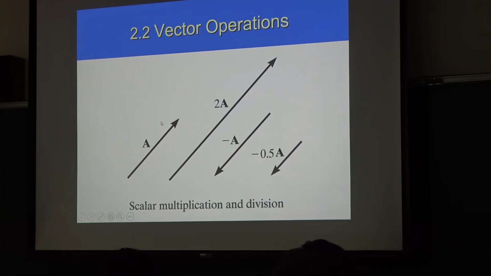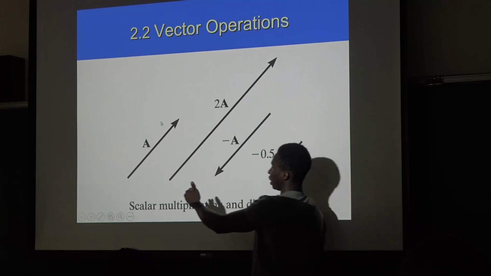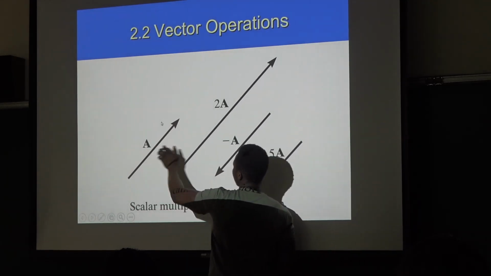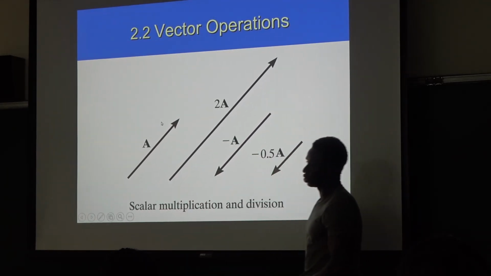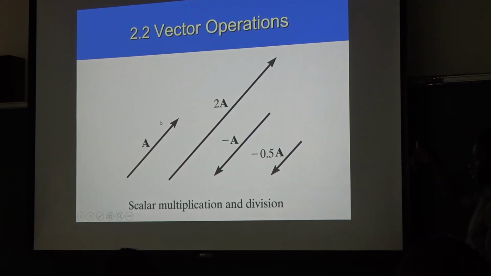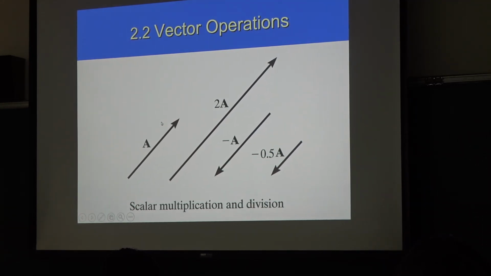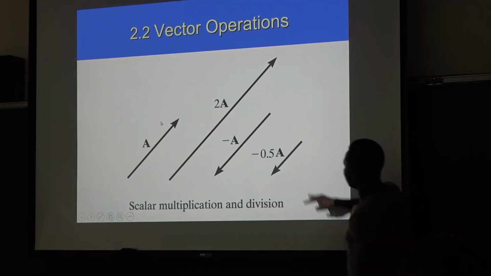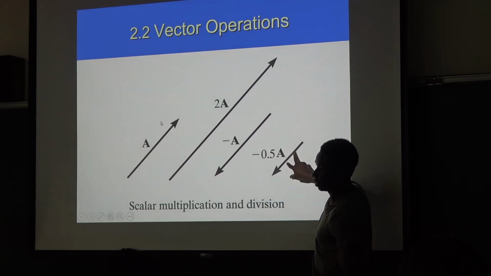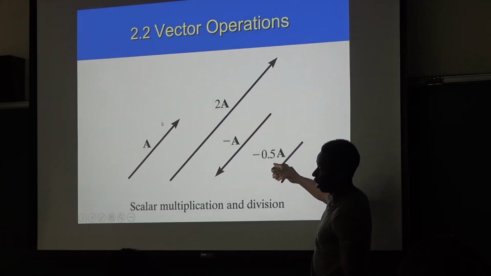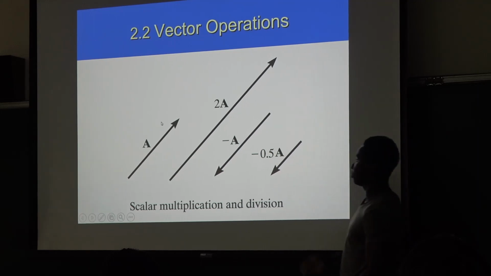You cannot say this is positive and this is positive. You have to choose one. So it's the same thing that is happening here. If we say that this vector is A, and this one is going in the opposite direction and is the same size, then it's just negative. Okay? And then this now is half of this. So it's half of A, minus, okay, the same thing.